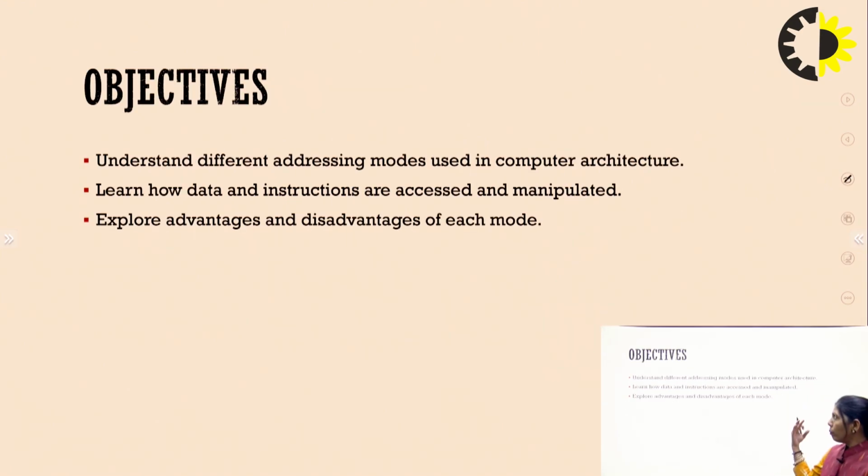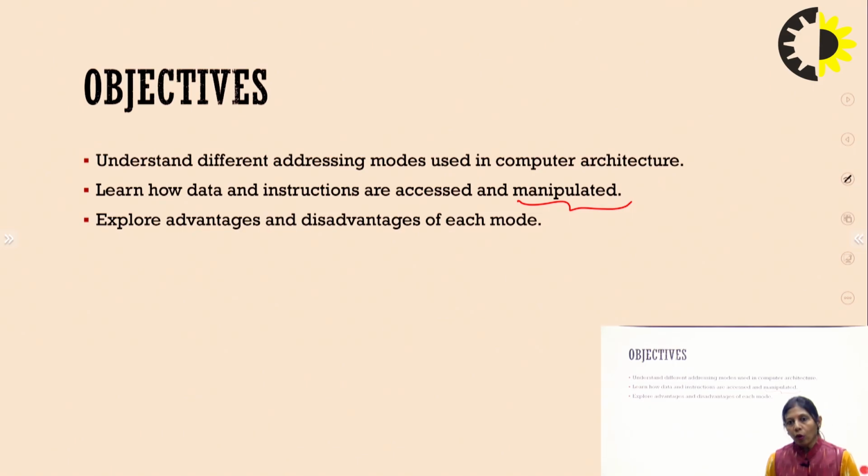So our main objective of this video lecture is to understand all the different addressing modes, learn how the data and the instructions will be accessed, and also how they will be manipulated. Moreover, we need to understand why we have different types of addressing modes.